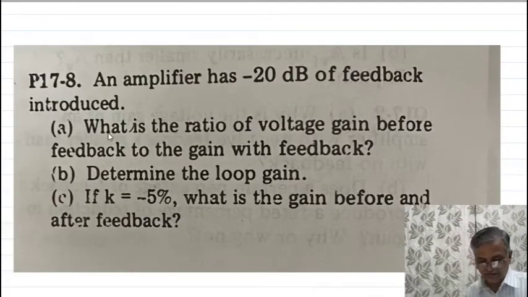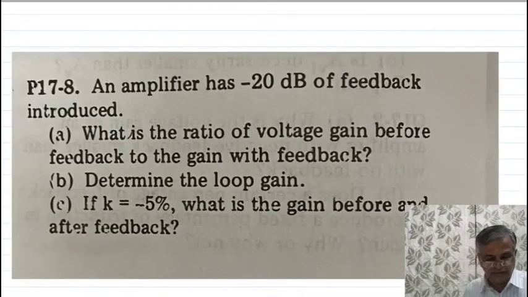Question: what is the ratio of the voltage gain before feedback and gain with feedback? You should understand this: the ratio of voltage gain before feedback means AV upon AVF they are asking you.